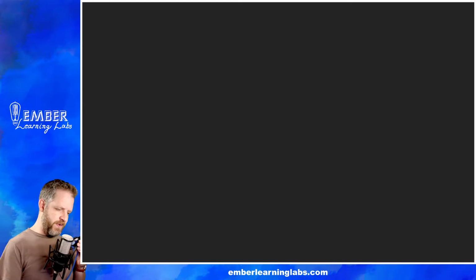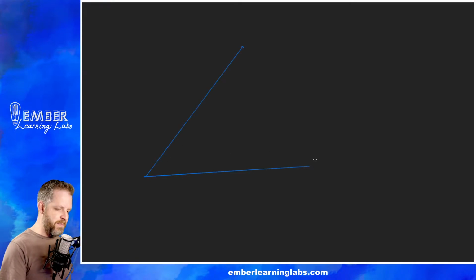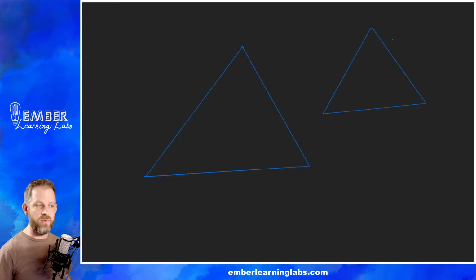So for similar figures, we're talking about two figures. We'll give the example with a couple of triangles. We're going to draw a couple triangles, intentionally drawing one bigger than the other one.